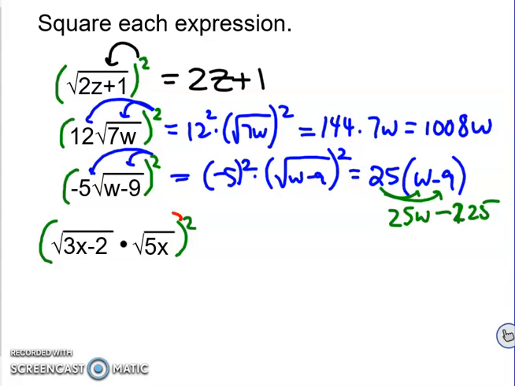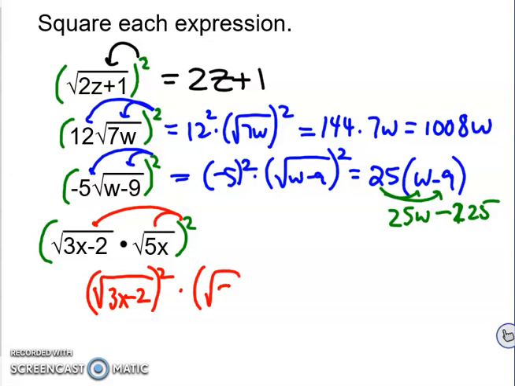And then the last problem, we're squaring, again, both things, both factors. So we have the square root of 3x minus 2 being squared, and the square root of 5x also being squared. So in the first one, the answer becomes 3x minus 2.